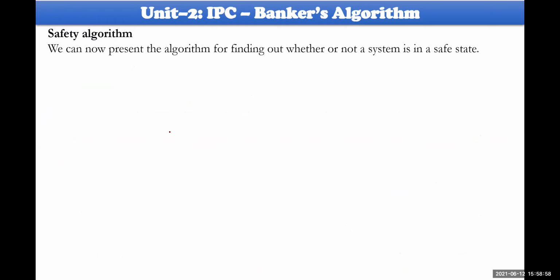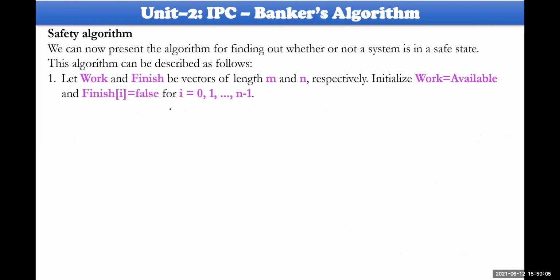The safety algorithm uses two more extra variables, work and finish. Work means it is under working mode. Finish means the process has already finished.